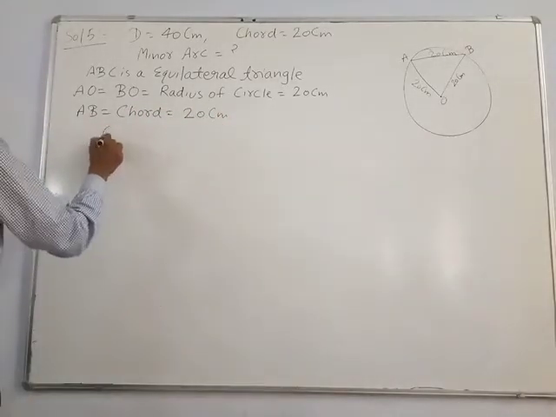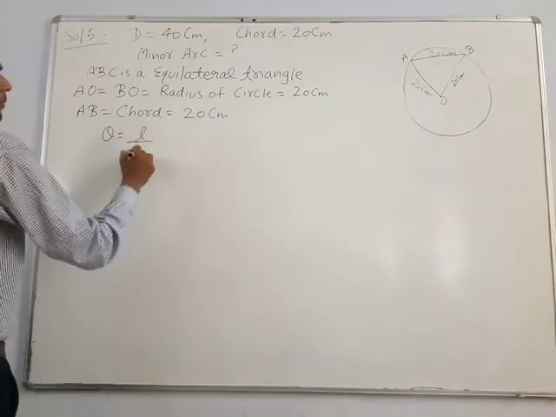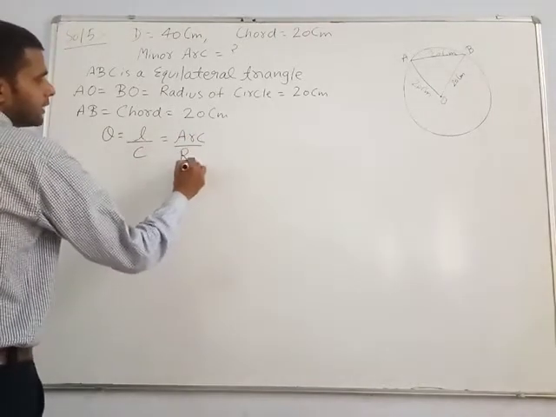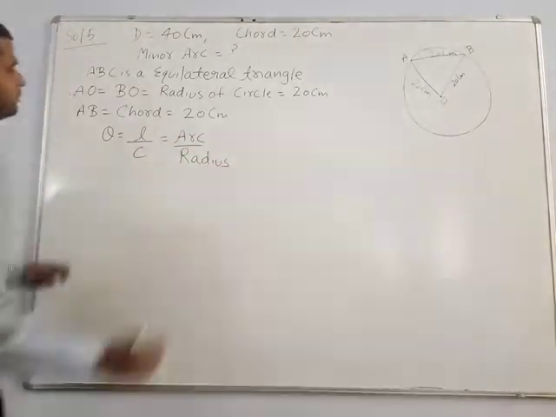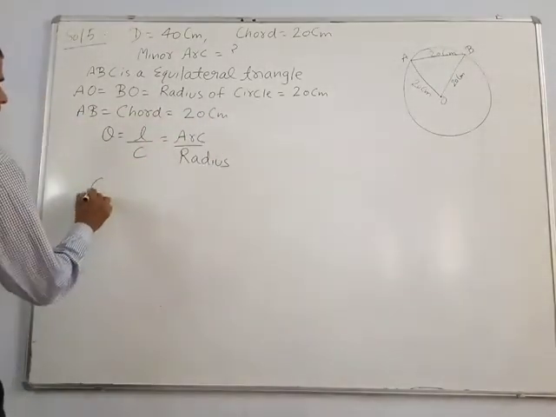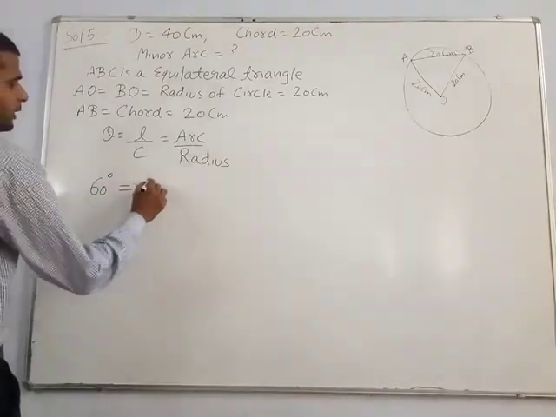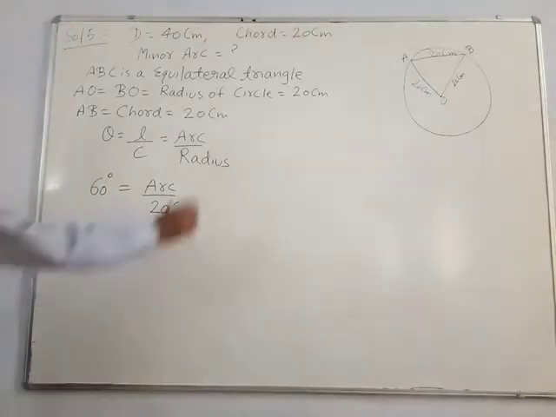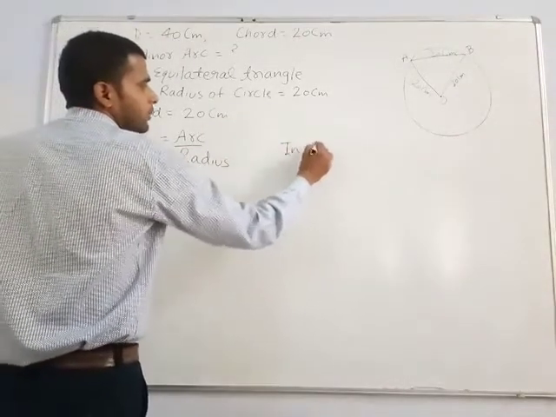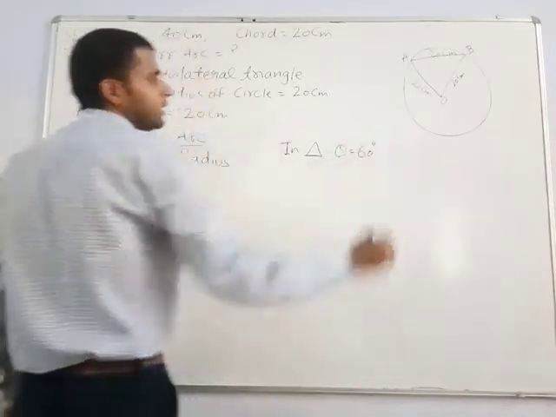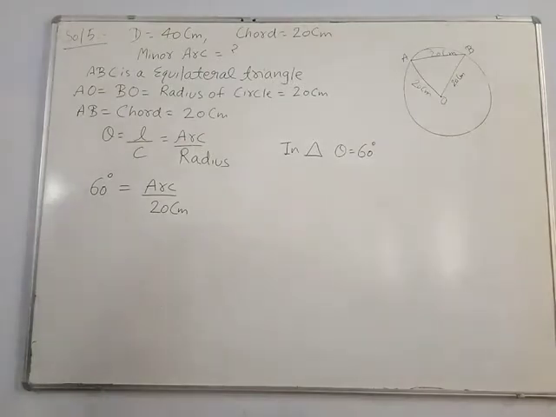So theta equals L upon r, meaning arc upon radius. In an equilateral triangle, theta is 60 degree, because all angles in an equilateral triangle are 60 degree.